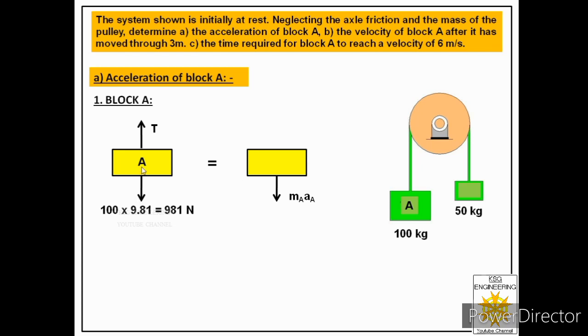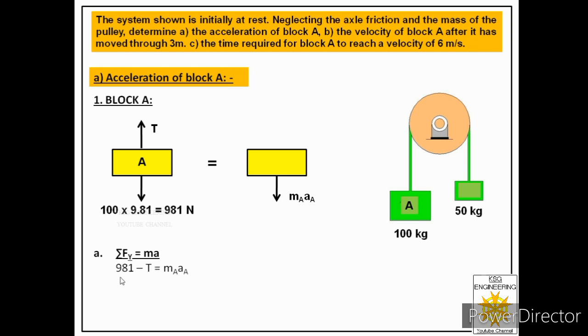We will consider those forces positive which are acting towards the motion of the block, and we will consider other forces negative which are acting against that motion. So let us apply the equation, summation Fy is equal to ma. We have two forces. Weight is acting towards the motion, so let us take this as positive. Tension is acting opposite to the motion, let us consider this as negative.